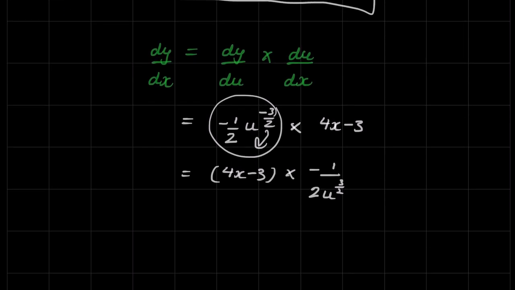The next step here would be we've got a power that is a fraction. That's not good to leave it like that. So let's change this to a root value. 4x minus 3 is just going to stay completely the same. No changes there. So this one becomes minus 1 over 2. Now the power 3 over 2 is going to be a square root of u cubed.